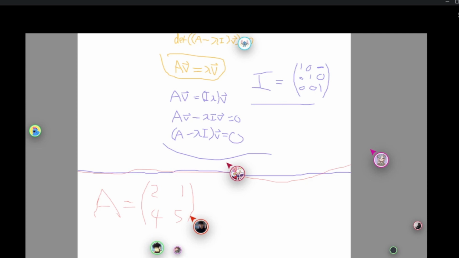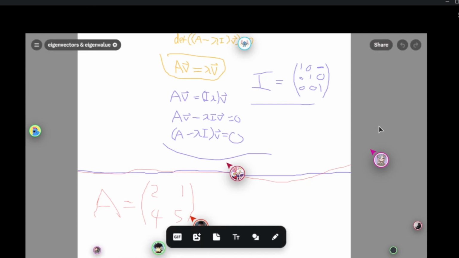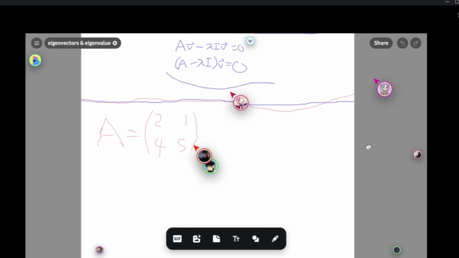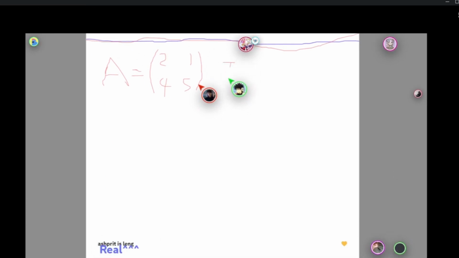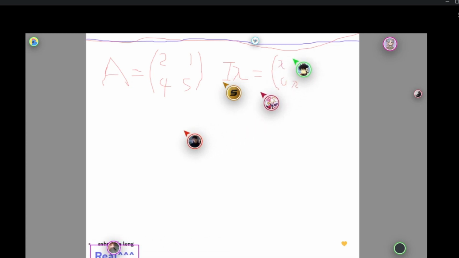Now to get the version that we're going to use, we have to subtract the identity matrix times the eigenvalue, which usually gets skipped in the explanation, but I'll write it down to make it easier. This is what we're subtracting to help us figure out the eigenvalue and then the vector.